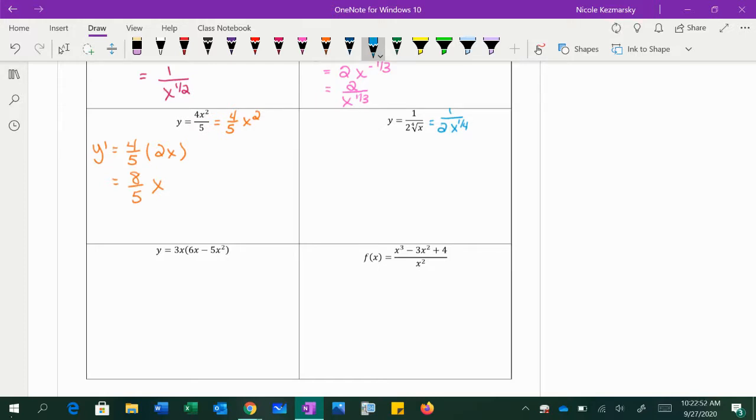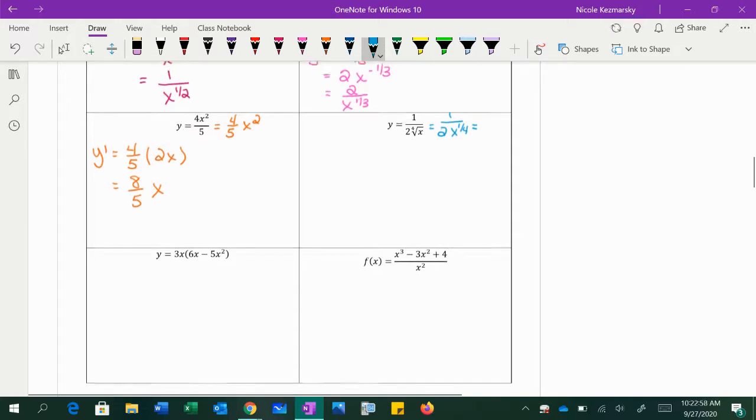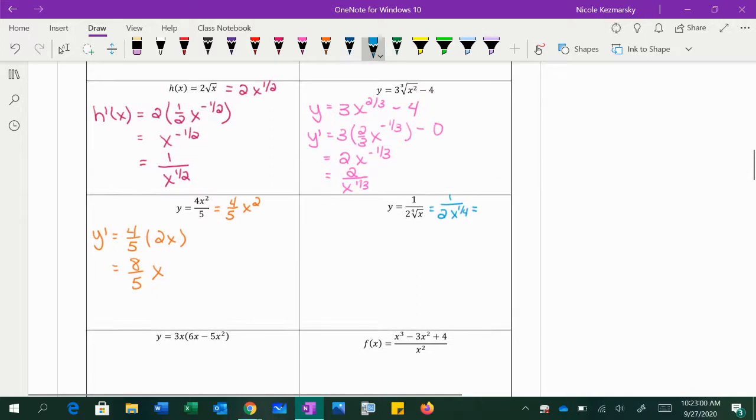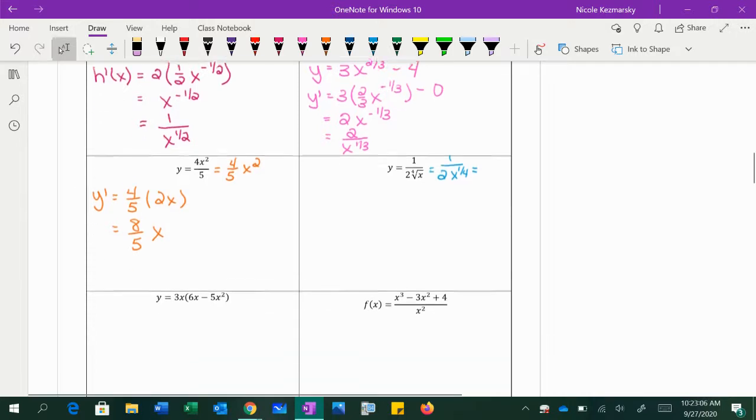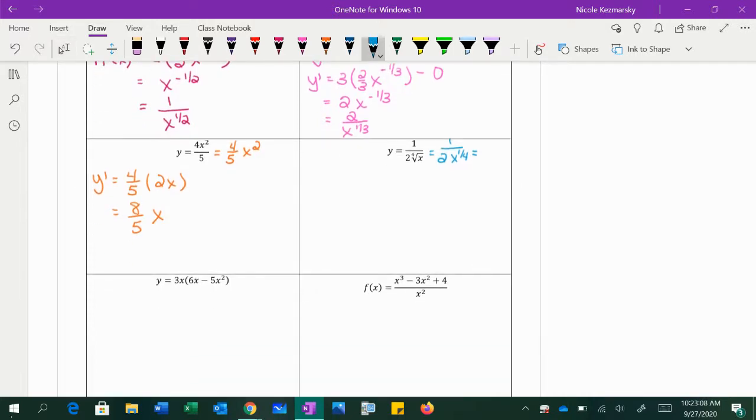So I'm going to do a rewrite here similar to what we've been doing. If you look in the 2 examples right above this, we've been taking the negative exponent, moving it to the bottom and making it positive. I'm going to go in the opposite direction. So I'm going to make this 1/2 x to the negative 1/4.